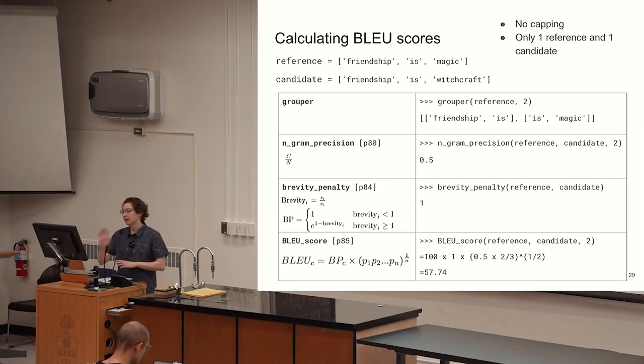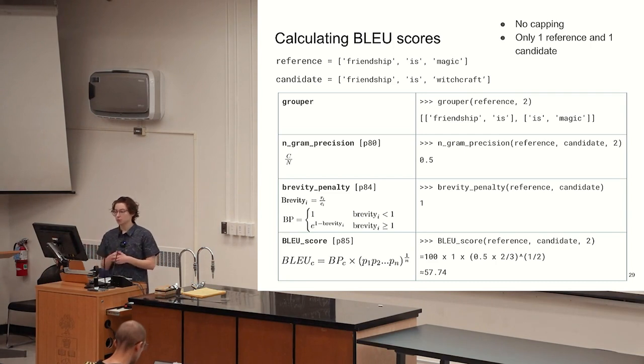We're not applying capping. And in this specific application, we also only have 1 reference and candidate per translation pair that we're looking at. So we're not doing anything that looks at a group of candidates, for example, or a group of references.